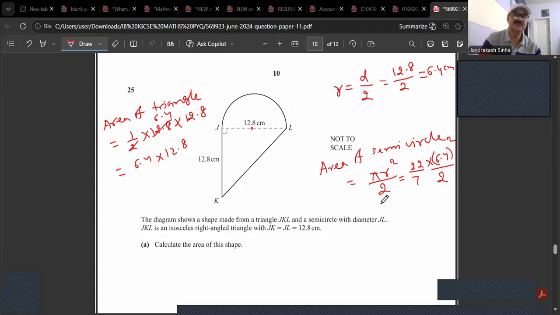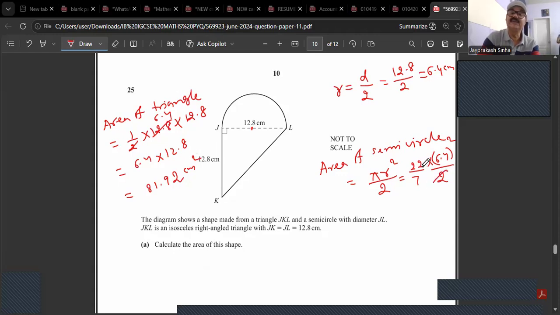Okay, we can use the calculator. 6.4 multiplied by 12.8, so the area we are getting is 81.92 centimeter square.